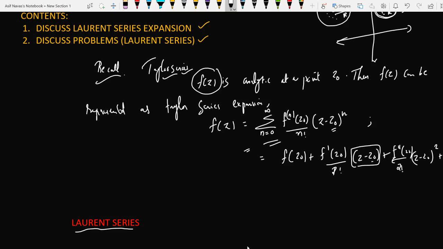That means the center is z naught. That expansion happens only when f of z is analytic at z naught.